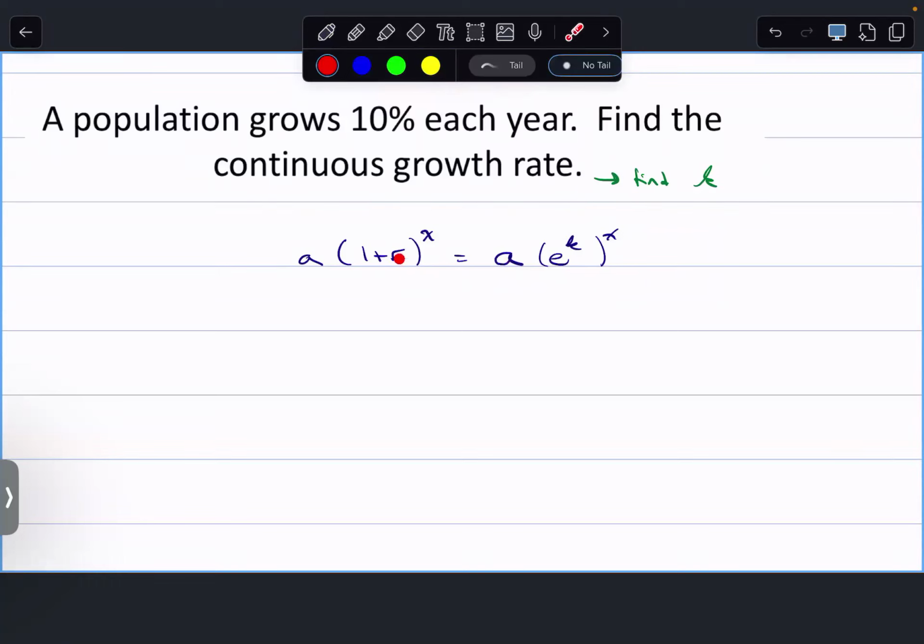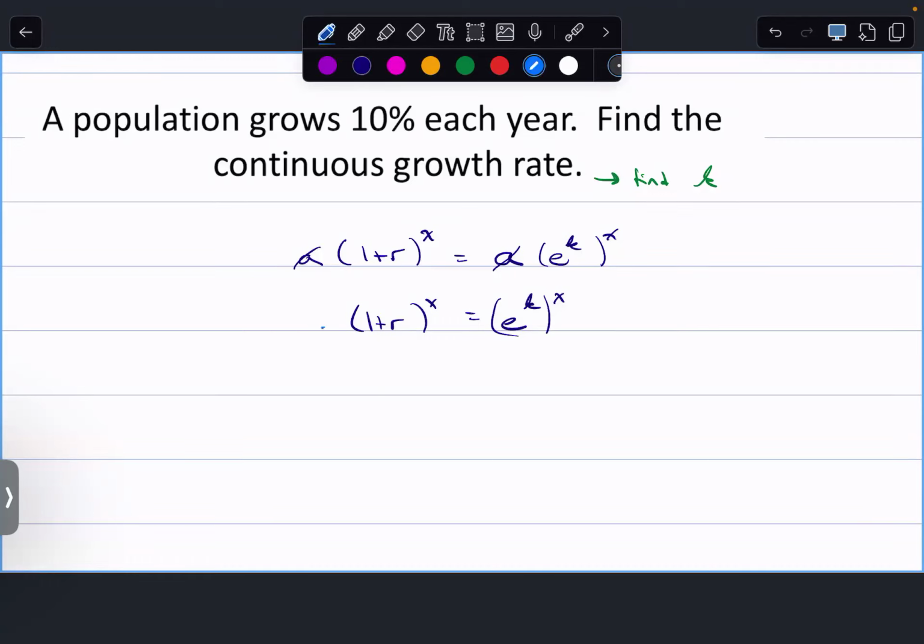We can divide both sides by a, like I said, and cancel those a's. And then we have 1 plus r to the power of x is e to the k. I've separated those out intentionally. If I take the xth root of both sides, that's how I'm going to ditch that x.